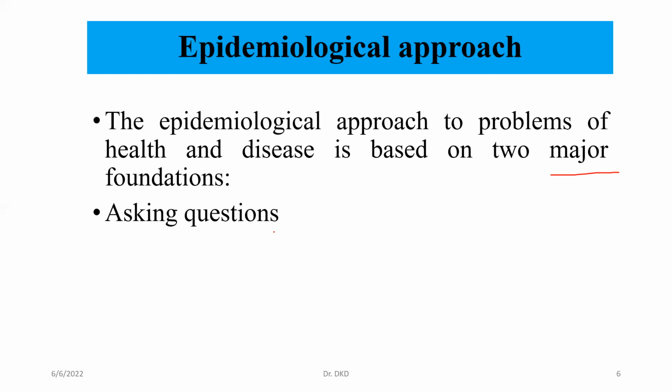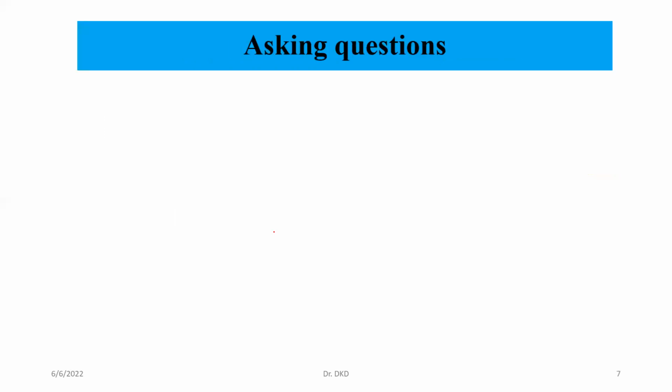These questions we have to ask, then we get the information, and after that we make comparisons between the groups of populations, so we can find out the concept and make the policy and planning related to problems.